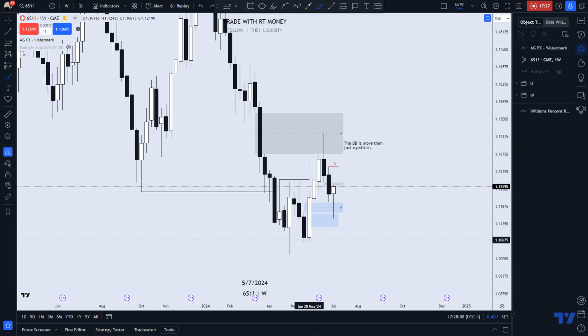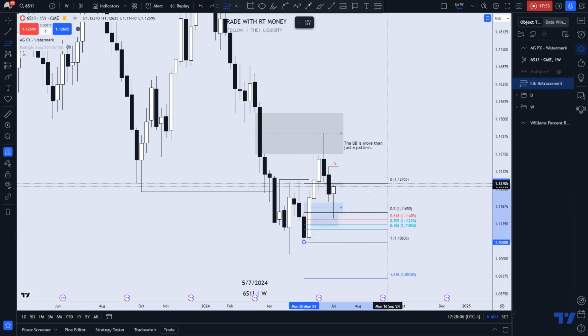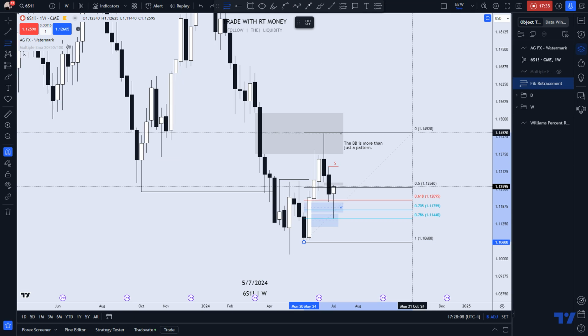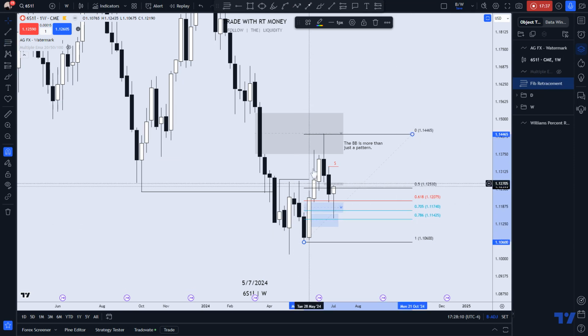But if you put your Fibonacci retracement tool on it, you can see that price is coming back into the discount range and reacting to the bullish fair value gap here.